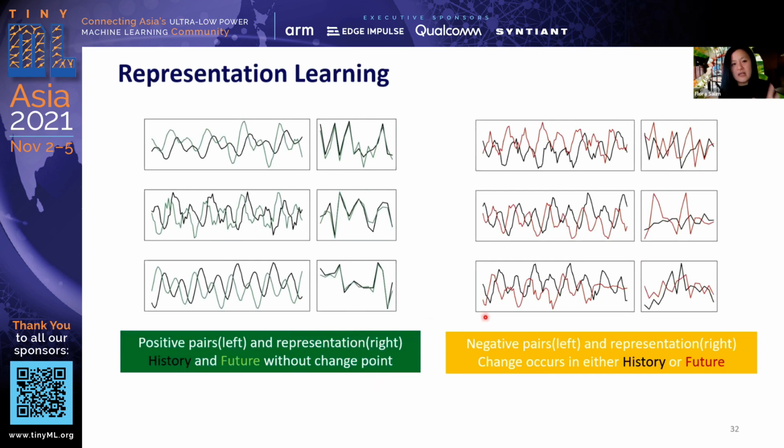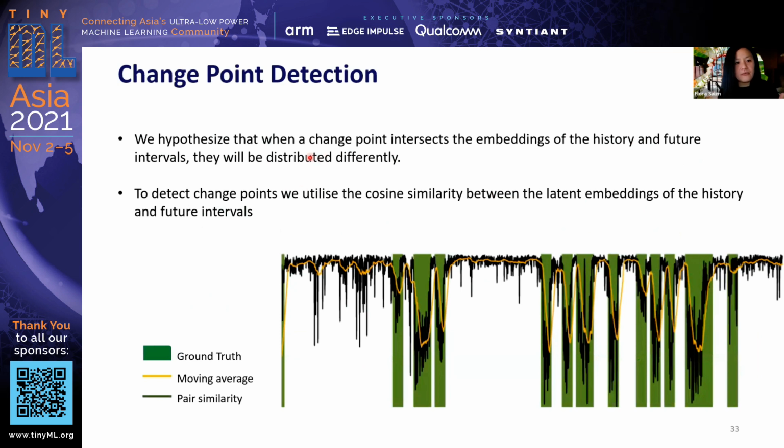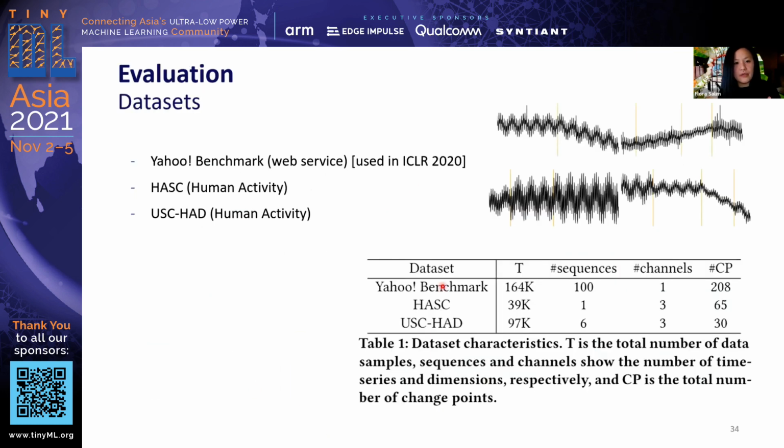So we can see that our representation is quite effective, and then we select the change point using cosine similarity. We use several benchmark data sets. One is the Yahoo benchmark data set, one of the largest data sets for anomaly detection, and also human activity data sets.